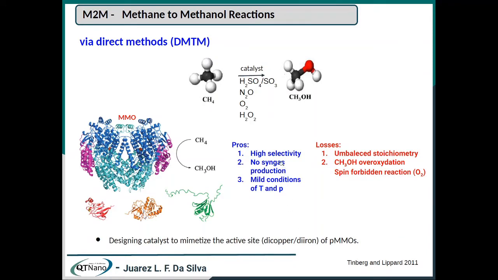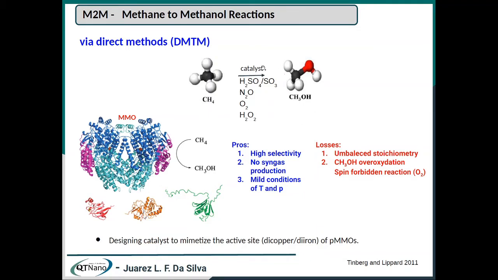Another way to obtain methanol is via direct methods, called DMTM methods, where methane is converted to methanol in one-step reactions with different oxygen sources like sulfuric acid, O2, and peroxides.